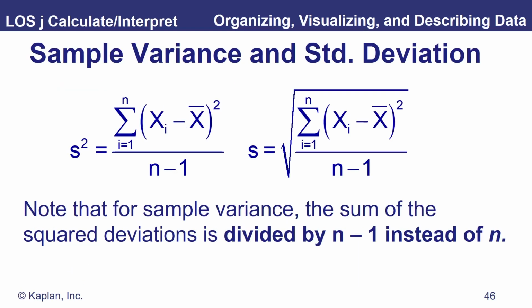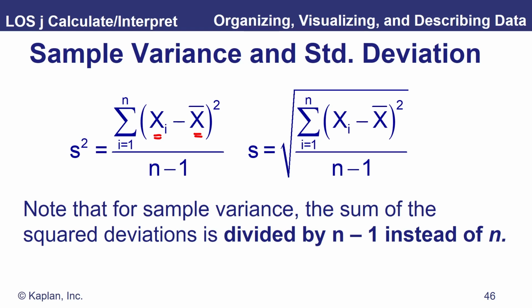So we've got sample variance and sample standard deviation here. Notice that standard deviation is simply the square root of variance. So notice we start off exactly the same way as we did with our MAD calculation. We're going to look at the variable and subtract the arithmetic mean. But we know the problem is if we sum those, they're going to add up to 0.